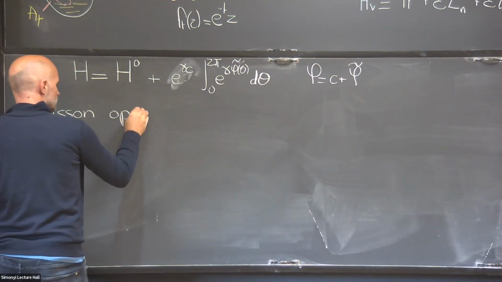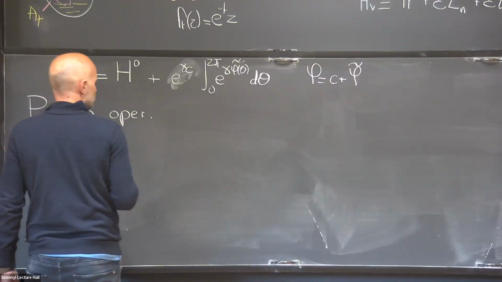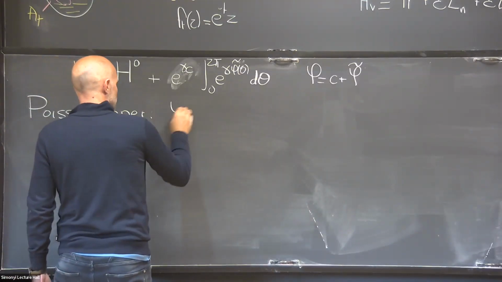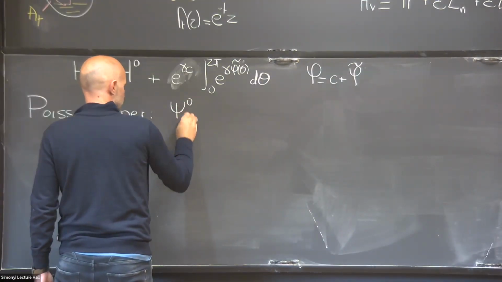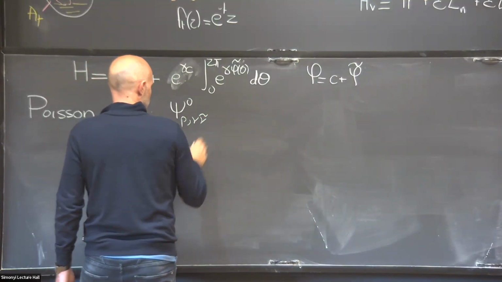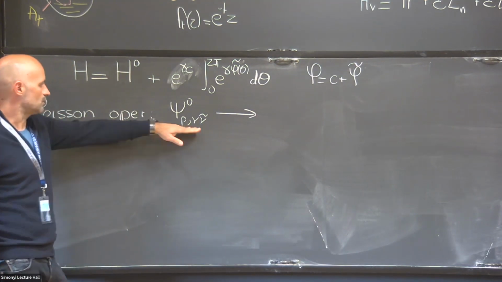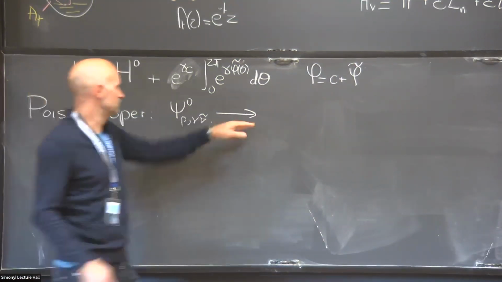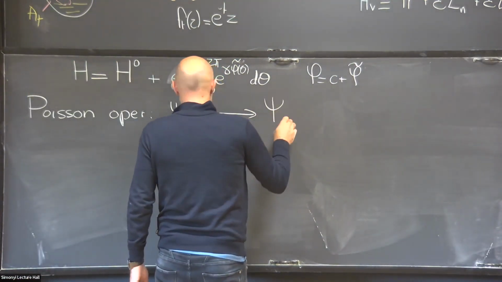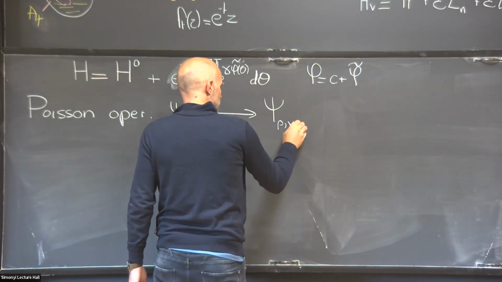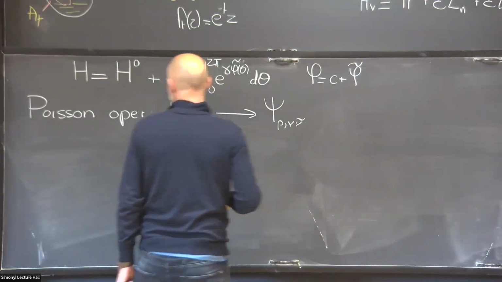So you construct a map, the Poisson operator. This will be a map that will send the free field eigenstates indexed by Young diagrams. Each time I'm plugging into this Poisson operator a free field eigenstate, it will give me in the end an eigenstate of H in the following way.